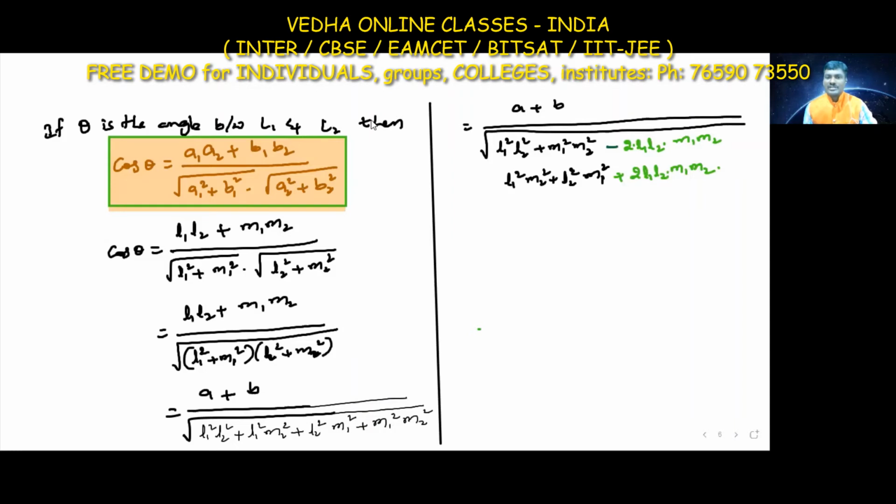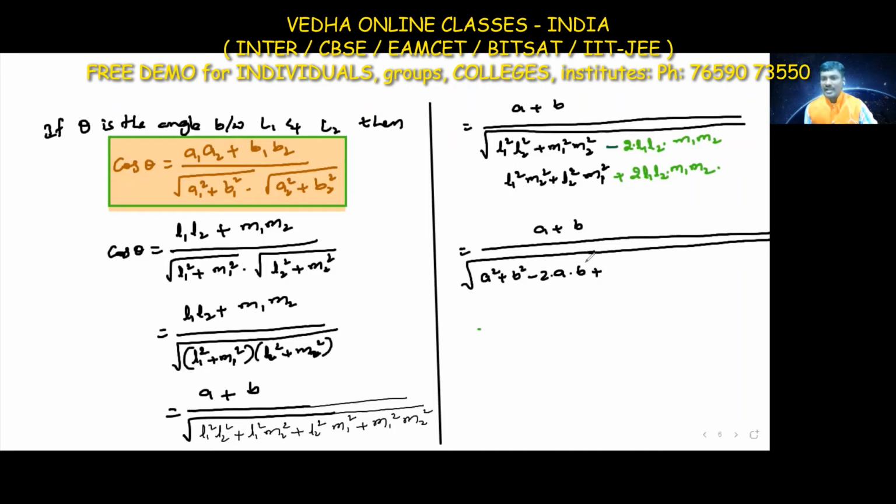So now this is equal to A plus B in the numerator and whole divided by under root of L1 L2, M1 M2. This is A value, this is B value, minus 2AB, like that we get. So A square plus B square minus 2 into A into B. And this is L1 square M2 square, L2 square M1 square, L1 and M2, L2 and M1. So this is the 2h value.